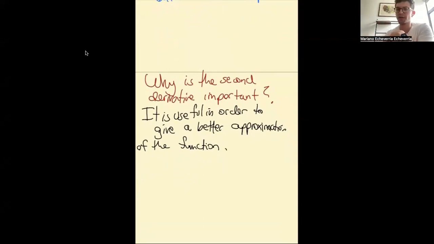We saw that the first derivative can be used to find the equation of the tangent line, right? It's useful to find the tangent line.